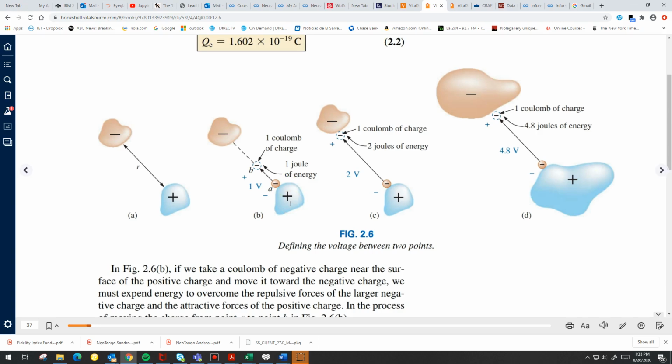So really, voltage is associated with the movement or the potential of moving electrons from one point to another.